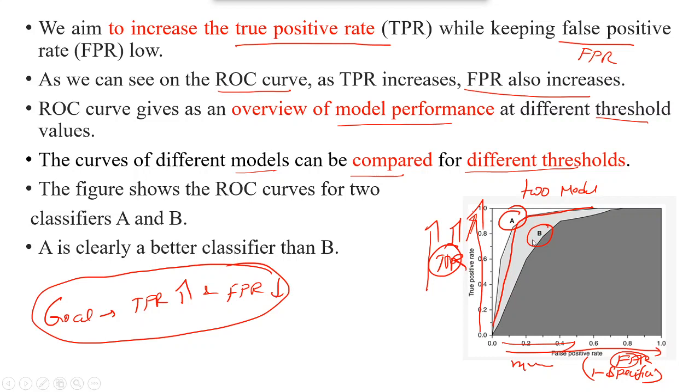On the same data set, you have applied the two models for comparison of two different classification models. With the help of the ROC curve, we can easily identify which model is the best. If you compare the two models A and B here, model A is the better classifier.